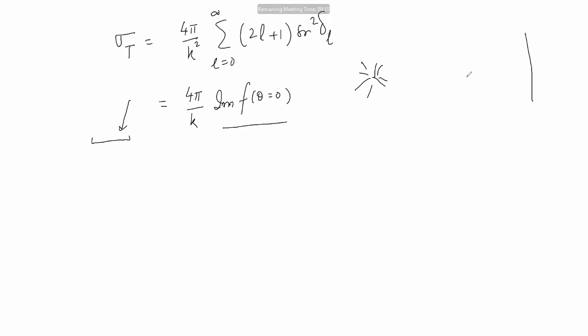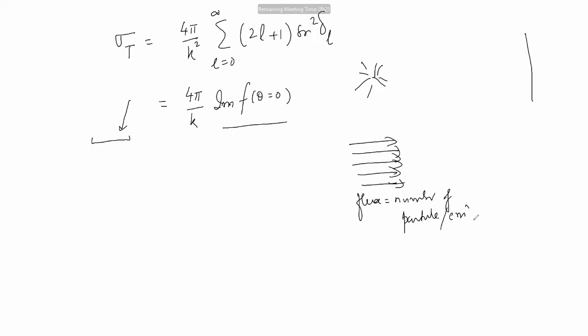Here, instead of light, we have a flux of particles, the number of particles coming per unit area per unit time. Here it is the number of photons coming per unit area per unit time. And then there was an object, here there is a potential.